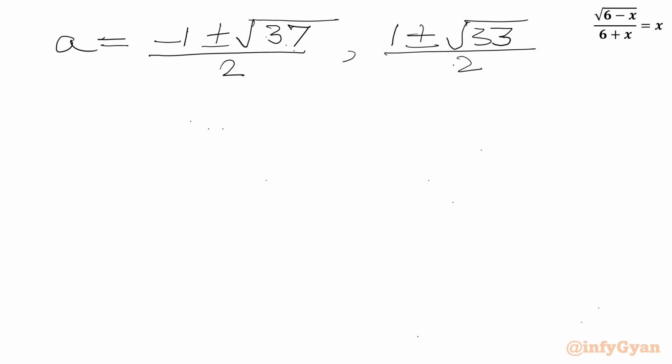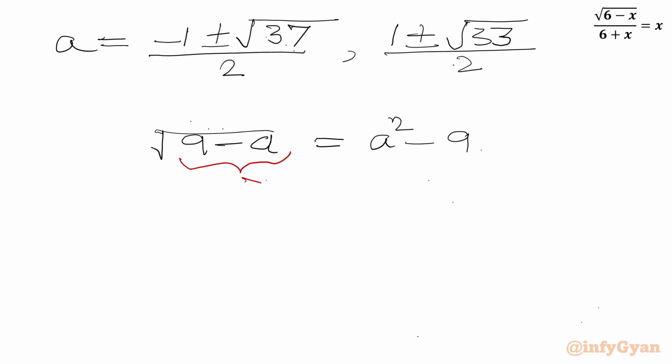Now I will write our equation square root 9 minus a equal to a square minus 9. So if I will apply conditions on LHS and RHS for real solutions, then I can say this radicand must be positive for a to be real, and this RHS must also be positive. So from LHS condition I can write a must be less than 9.